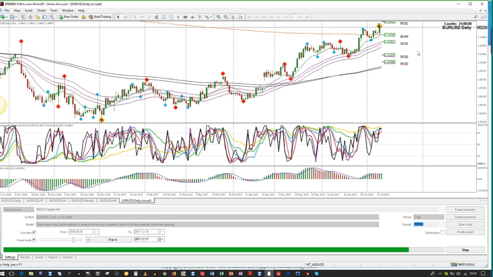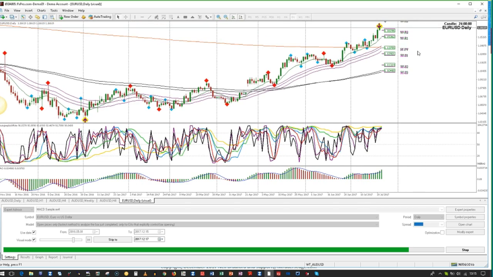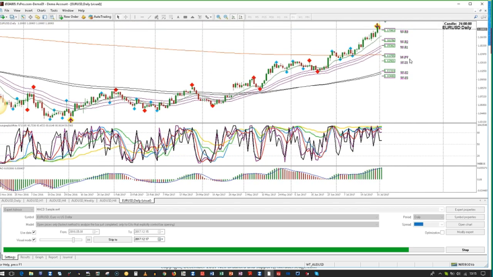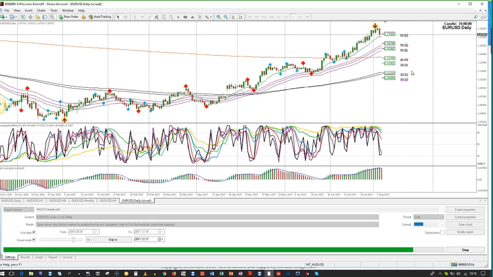Let's keep this going then. This could be going higher, could it? If we get a snap back up, we could bounce off the filter.